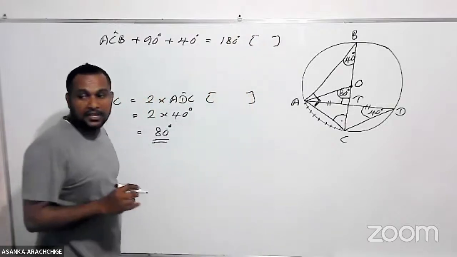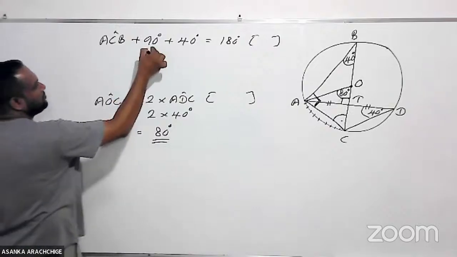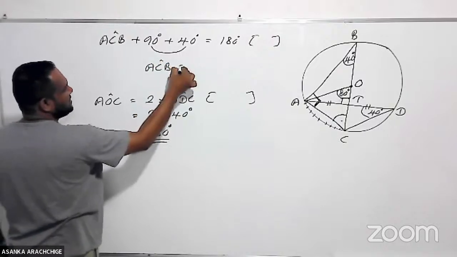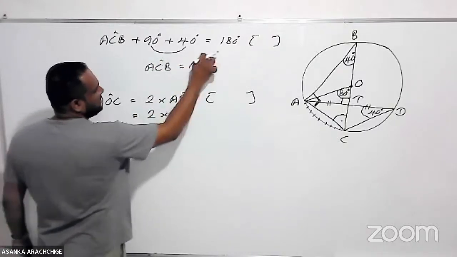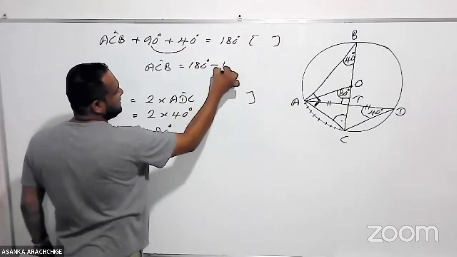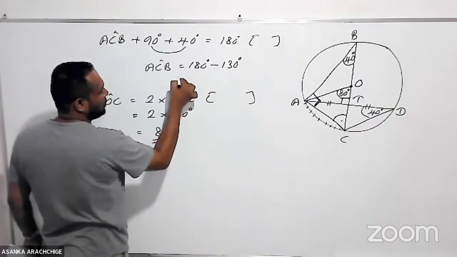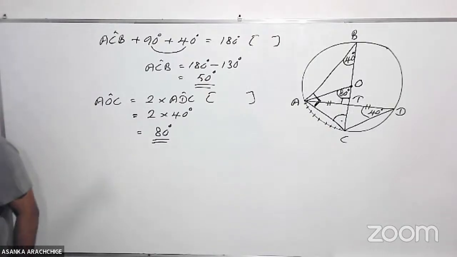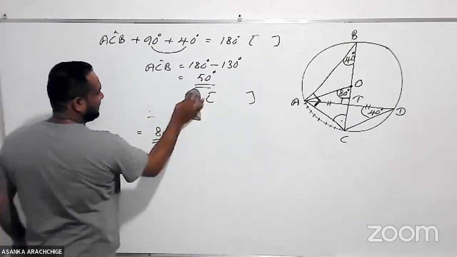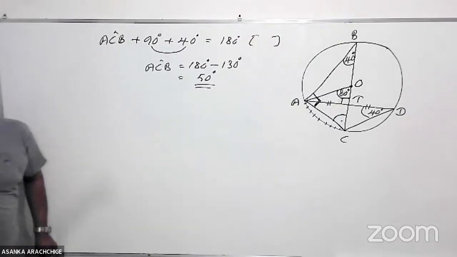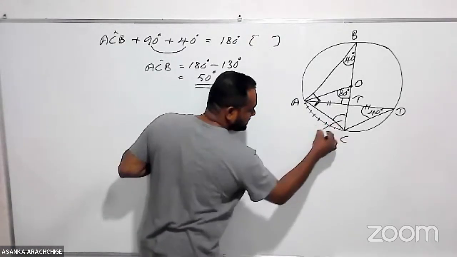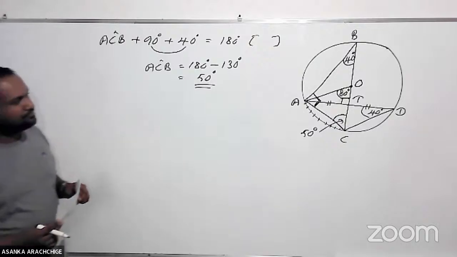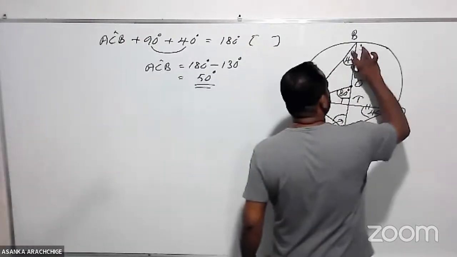Reason: interior angles in a triangle. 90 plus 40 is 130. Therefore, angle ACB equals 180 minus 130. So ACB will be 50 degrees. Clear? This is 50 degrees. This is 40.